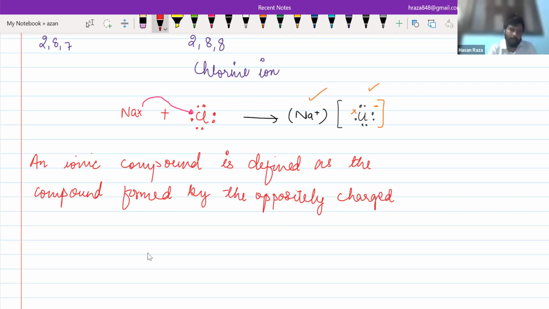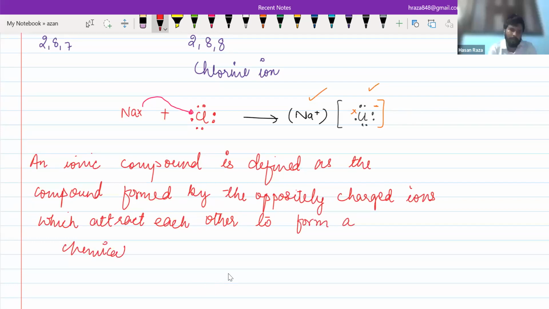You can take as an example sodium chloride. Sodium chloride. I just took the example of this.